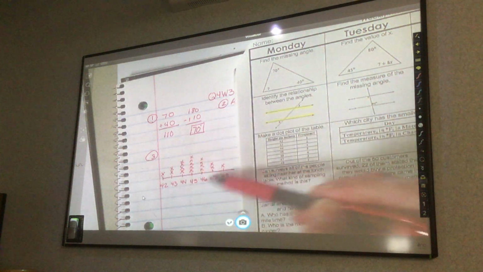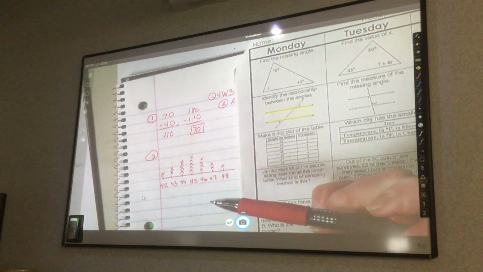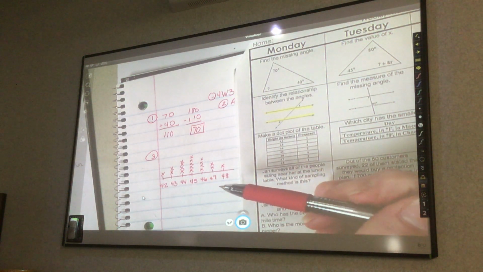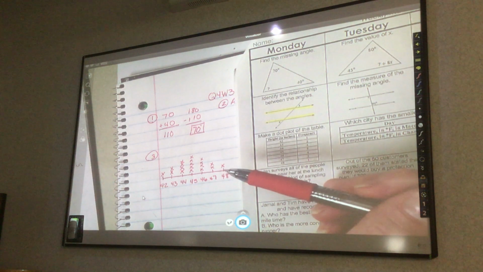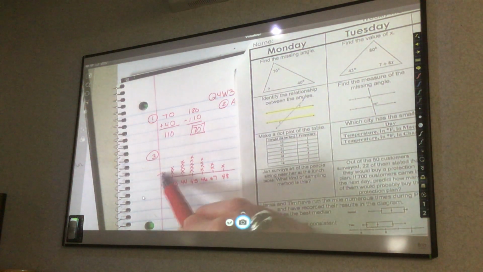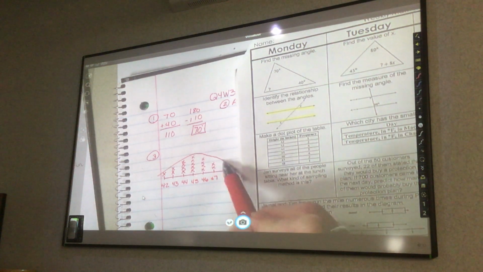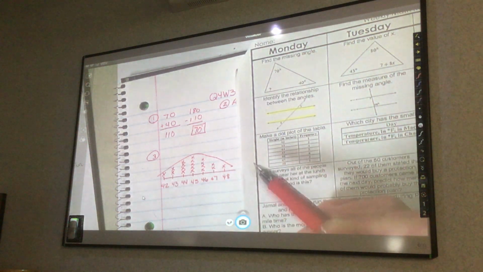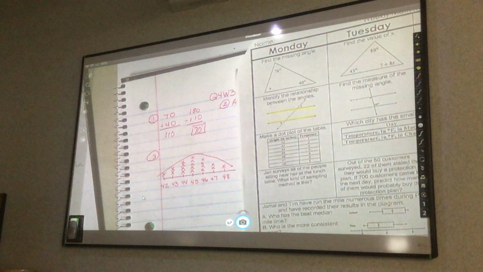Looking at this dot plot, do we have an even distribution of numbers? Pretty much, yes. Because we go up and down the same. So is there really an outlier on this one? No. So if I want to find out central tendency, I can use the mean or the median. I could use either one.